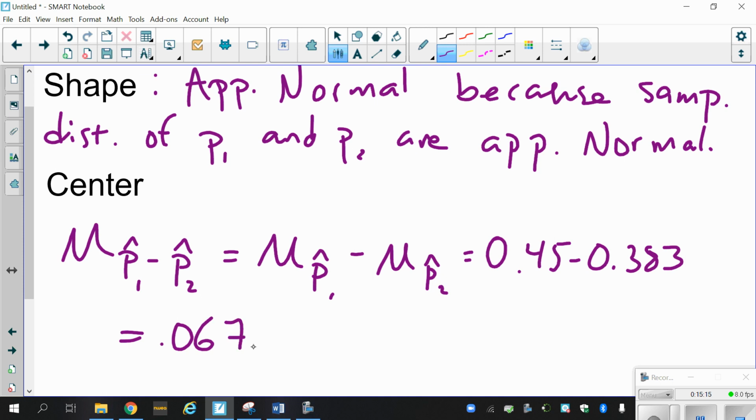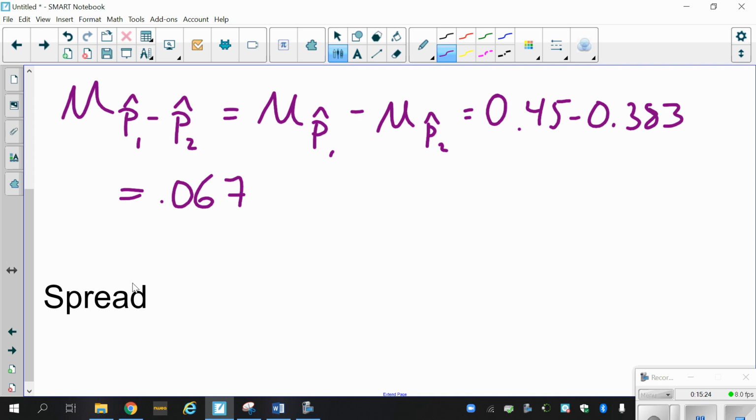Okay, so that's pretty easy. That's intuitive. We're subtracting two distributions, so we subtract the two means.